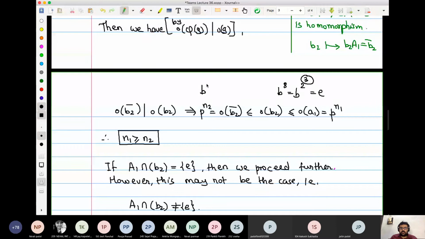If I take anything greater than 3, say B power 16, I can write that as B power 8 raised to 2, which is itself identity. Therefore, if I take a larger prime power, then of course that is identity. So just check it.